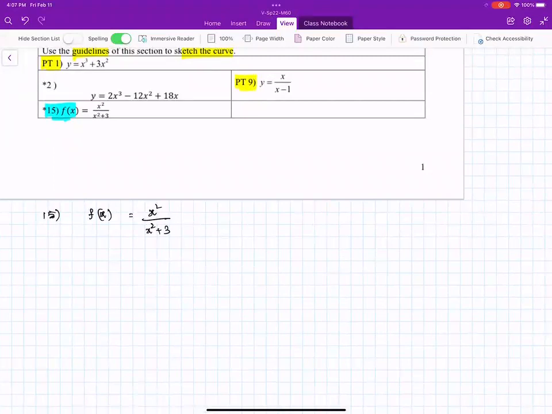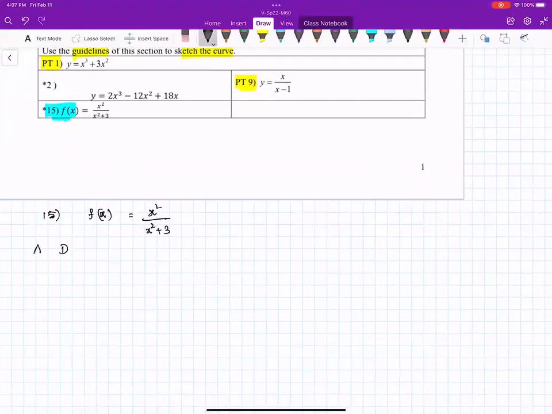We will start with the domain. What is the domain? The domain is the set of possible inputs for the variable x. In other words, is there any value of x that you cannot plug in, which will make the function undefined? No value of x can make the denominator 0. So the domain is all reals.